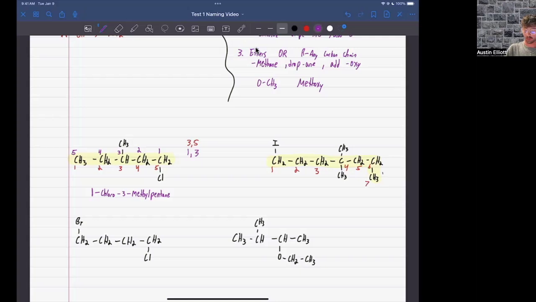And then 1, 2, 3, 4, 5, 6, 7. So in this case, it's pretty clear which one is more favorable. We have that iodine right there on the end, which has a 1. And then our first group going the other way wouldn't be until a 4, and it's the same either direction in that case. So we're going to start with our iodine.